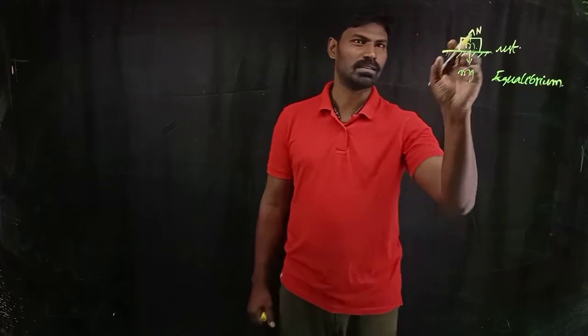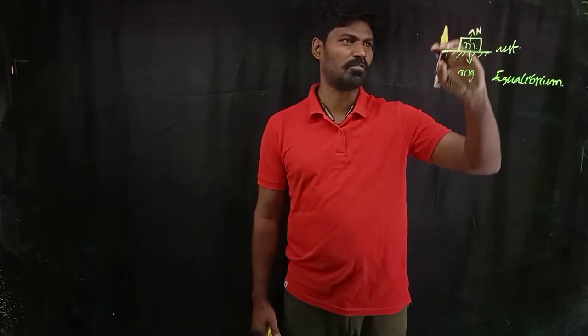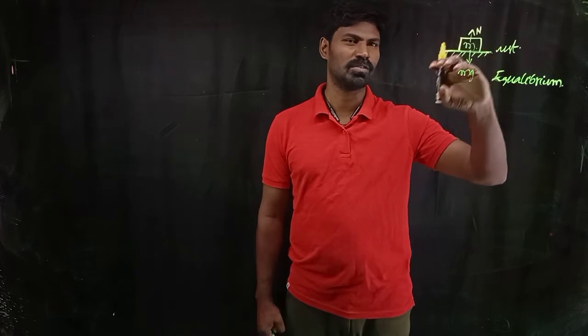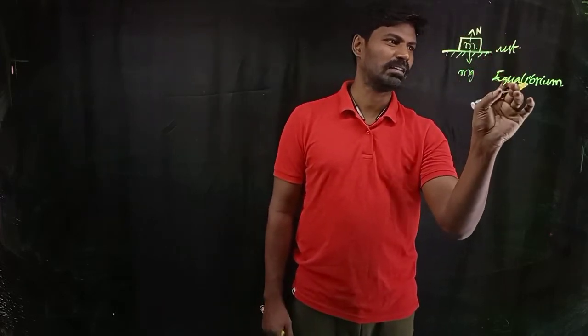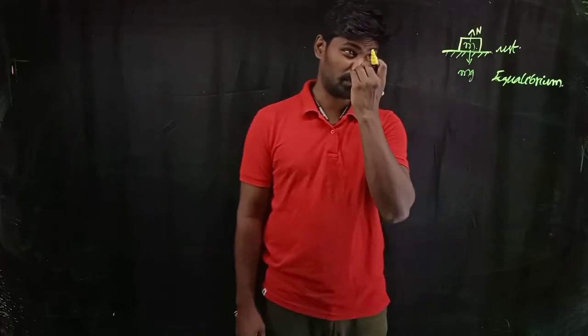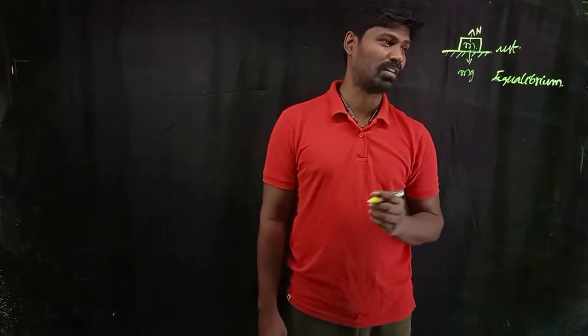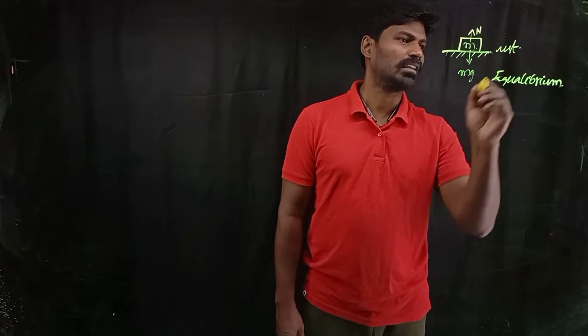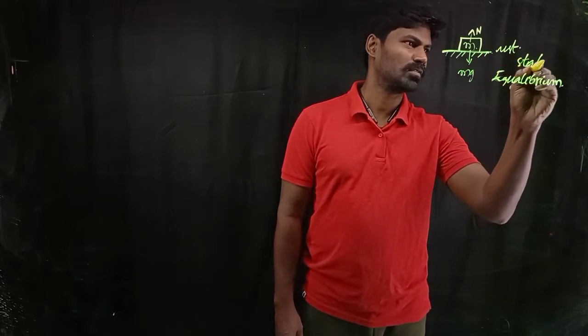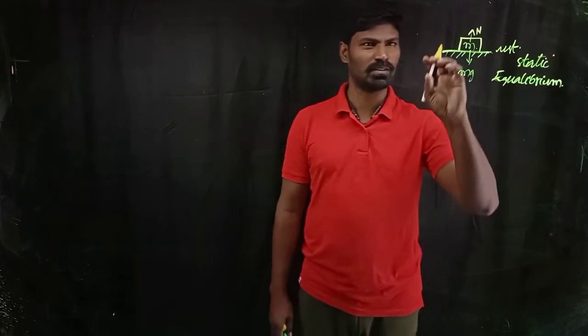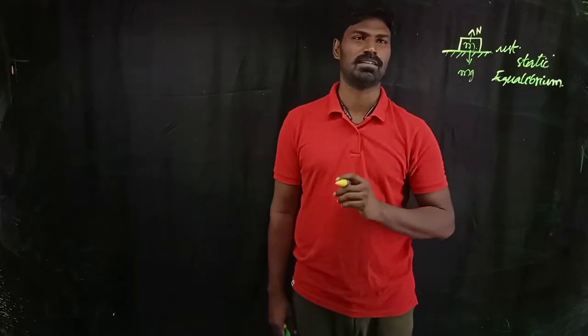The upward force and downward force balance each other, because of which the body is at rest. This condition is called equilibrium. As the body is at rest, this is called static equilibrium. What kind of equilibrium is this? Static, in which the resultant force acting on the body is zero and the body is at rest.